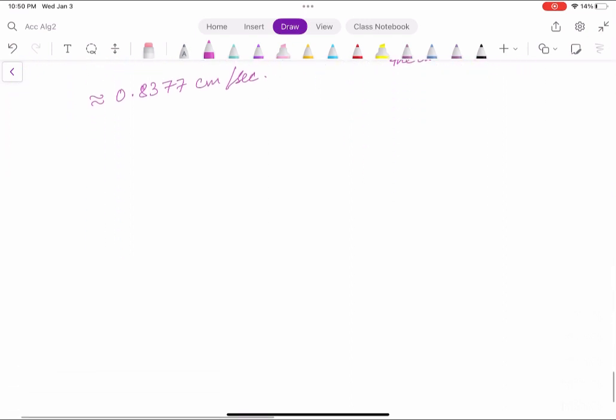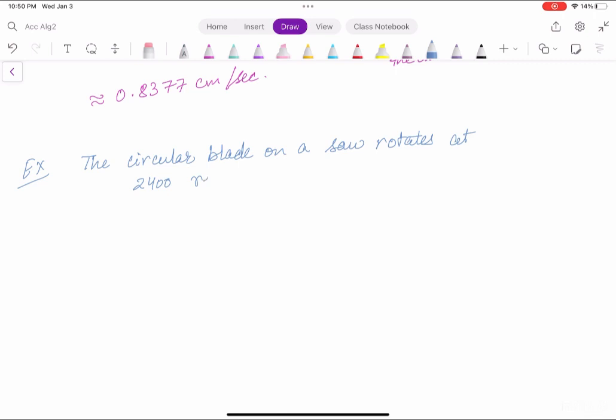Let's take one more example. Now this question says, the circular blade on a saw rotates at 2,400 revolutions per minute. There are two parts to this question.